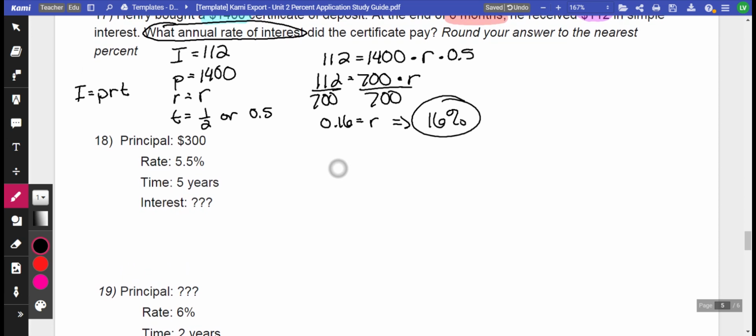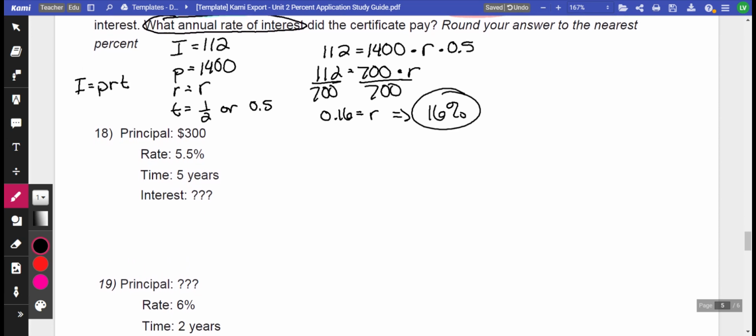All right, number 18. Principal is $300. Rate is 5.5%. Time is 5 years. We're solving for the interest. That's our I. So this one actually is nice because it really gives us all the parts.